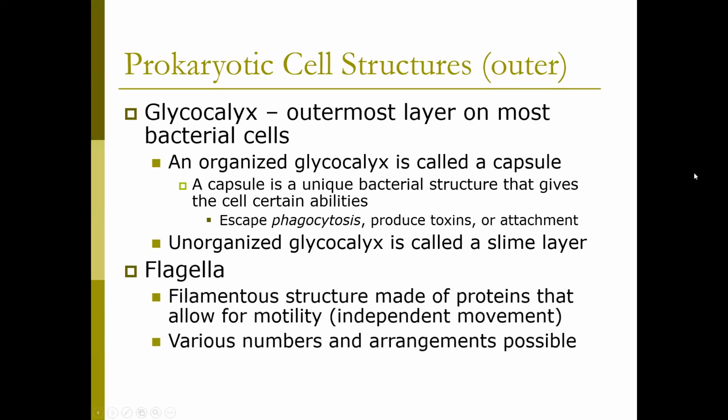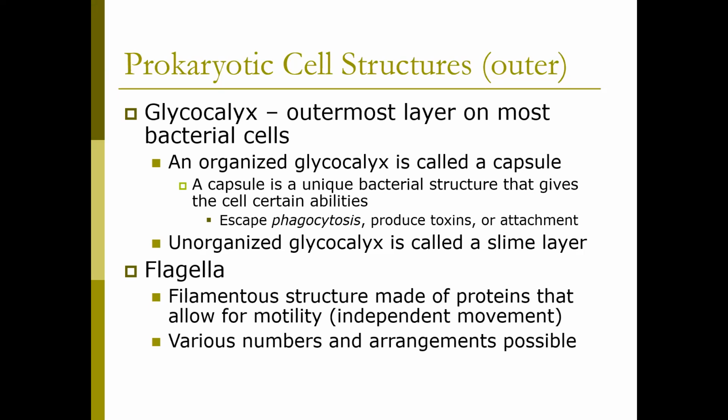So hopefully in A&P1, you got the term glycocalyx. So glycocalyx is just kind of that general term for the mixture of proteins and carbohydrates on the outermost layer of a cell. So in bacterial cells, if the glycocalyx is a thick organized layer, that's what the capsule is.